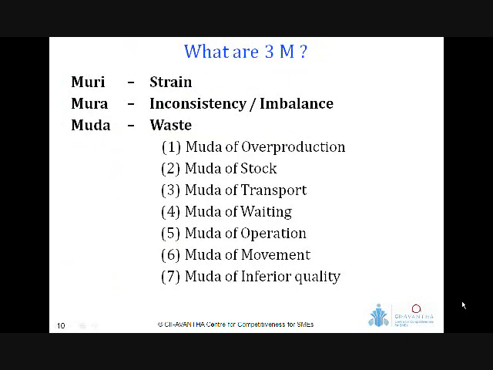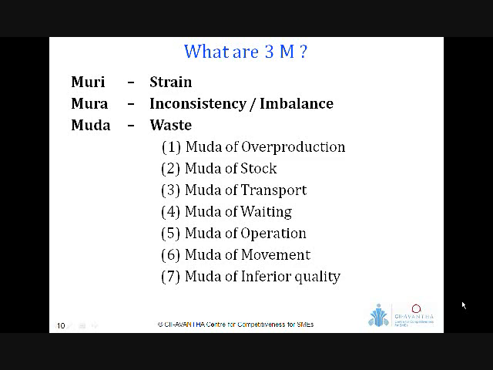Now, before going to the next topic, that is the scope area for Kaizen, I'll brief about 3M. 3M is a Japanese term which stands for Muri, Mura and Muda. Muri means strain, Mura means inconsistency and imbalance, and Muda means waste.